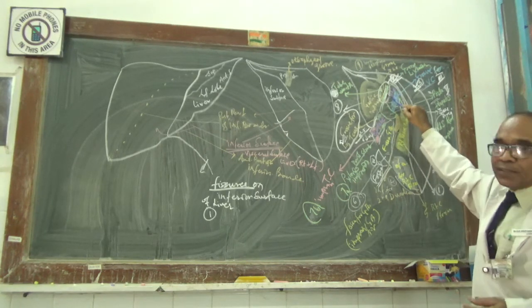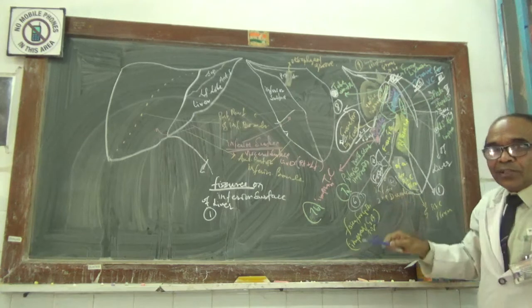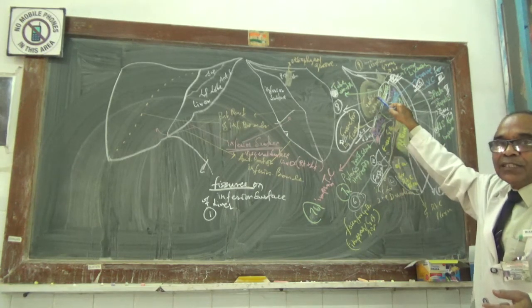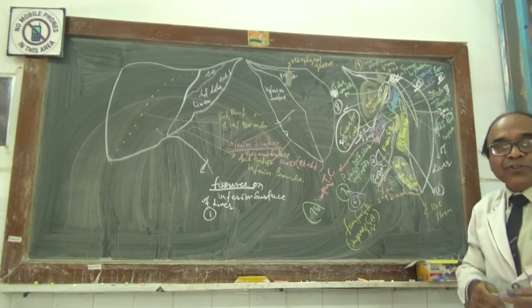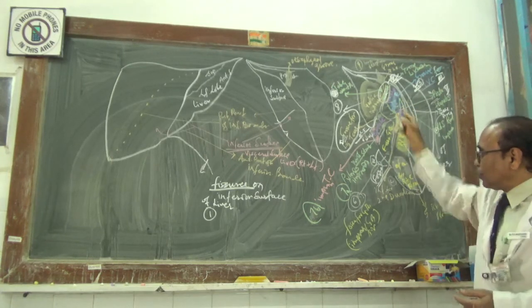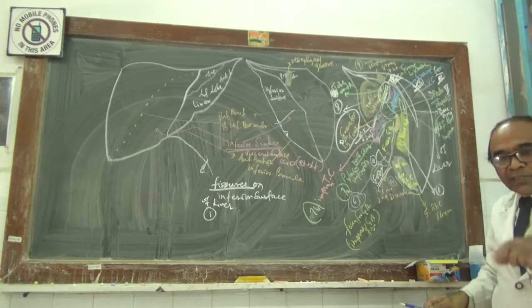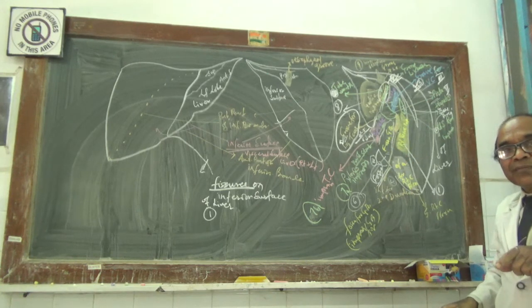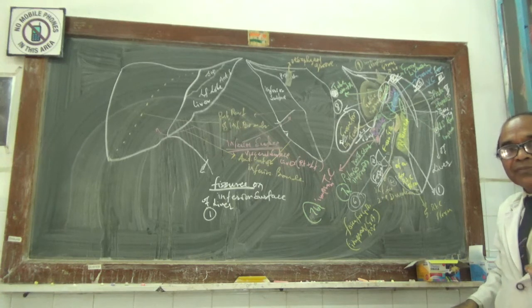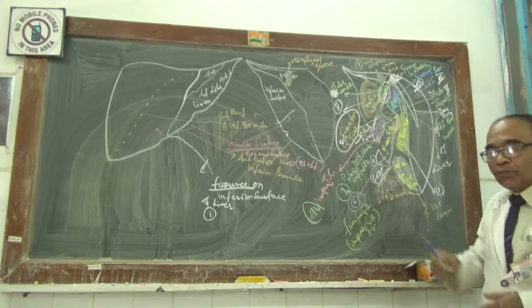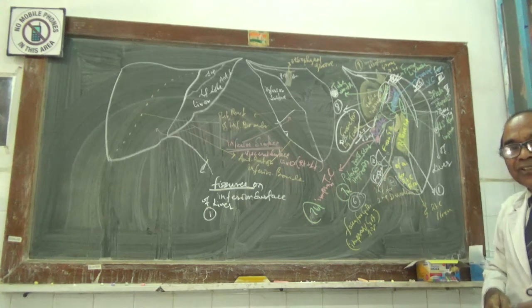Then above, behind and towards the left, it is related to the fossa for the what? Lesser omentum and the ligamentum venosum. Then the porta hepatis in front, left and below is related to the fossa for the ligamentum teres of the liver.